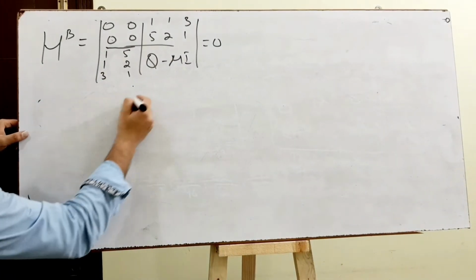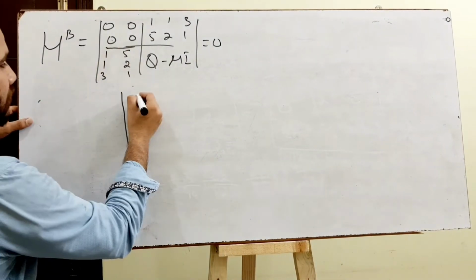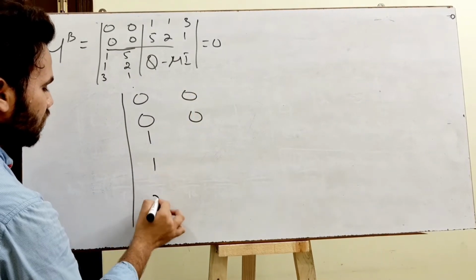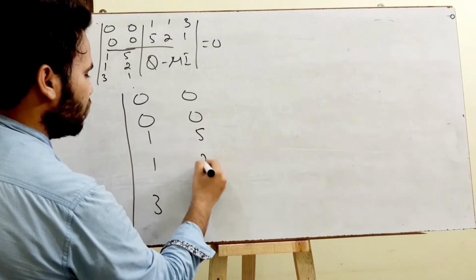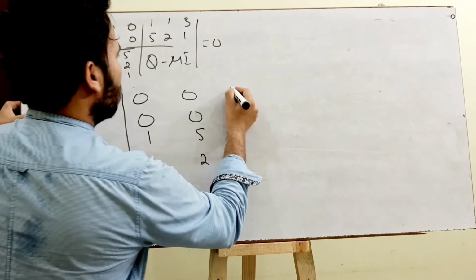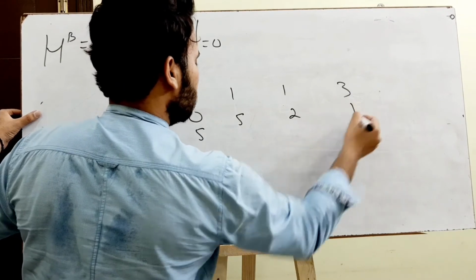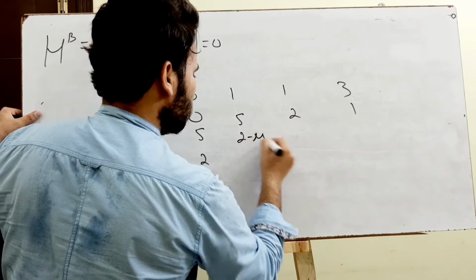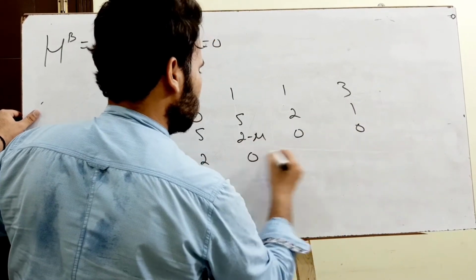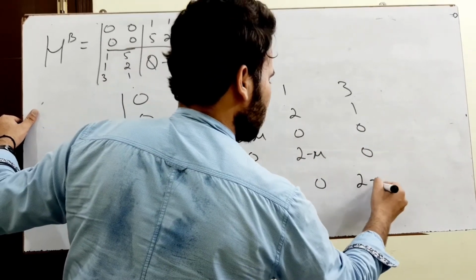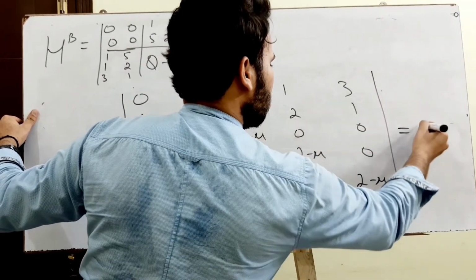Now the determinant of this Hessian matrix: 0, 0, 0, 0, 1, 1, 3, 5, 2, 1, 1, 1, 3, 5, 2, 1, 2 minus mu 0, 0, 0, 2 minus mu 0, 0, 0, 2 minus mu equals to 0.